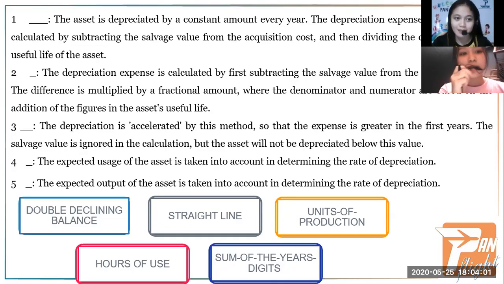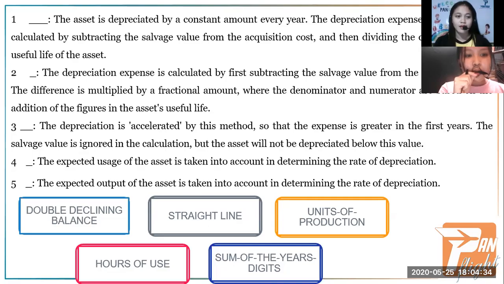The second: the depreciation expense is calculated by first subtracting the salvage value from the acquisition cost. The difference is multiplied by a fractional amount where the denominator and numerator are based on the addition of the figures in the asset's useful life.